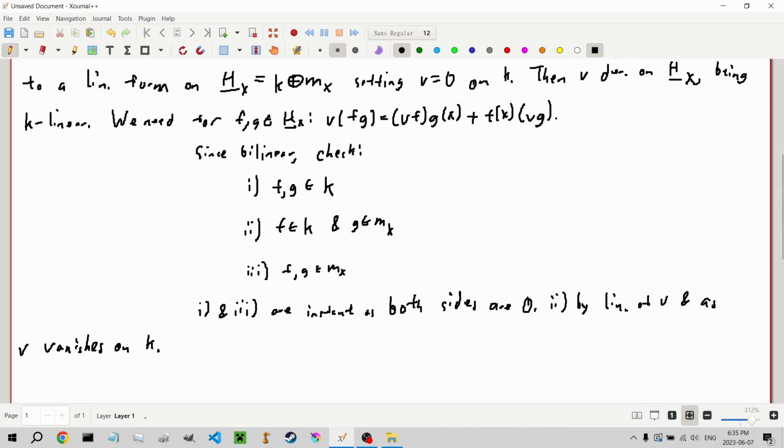Now you check the converse. Given a derivation d of H of x, we know d is going to vanish on k and on m_x squared.